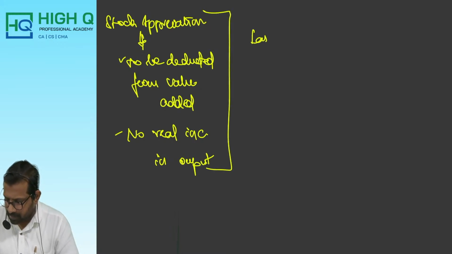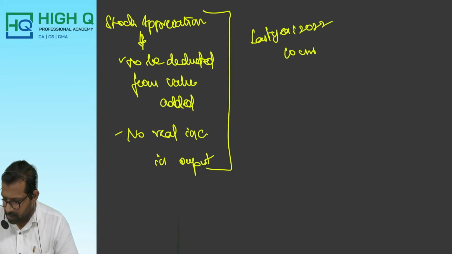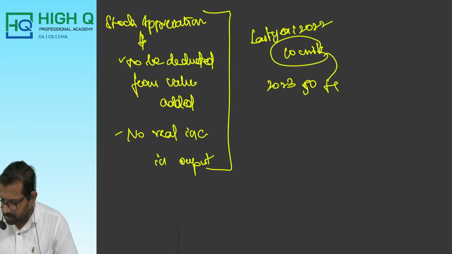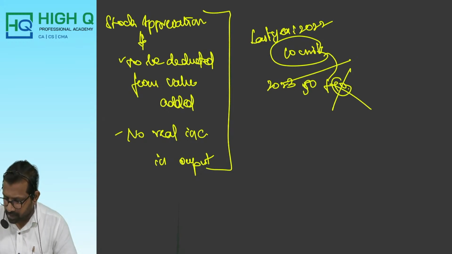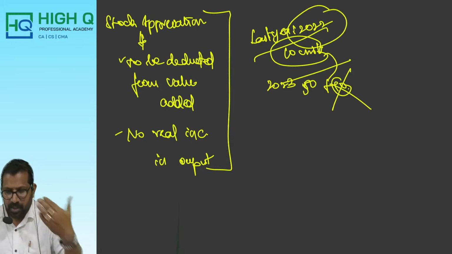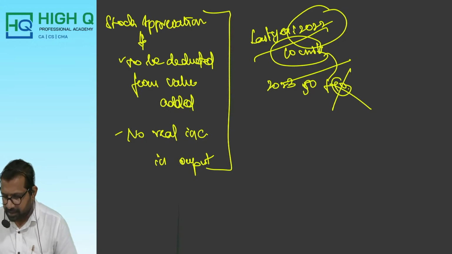Example, last year 2022 there are 10 units left. In 2023, 50 units. If you add these 10 units, these 10 units should not be included, because these 10 units were already produced in the previous year, not for the current year. So here stock appreciation is to be deducted from value added.